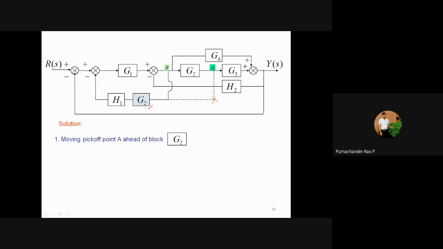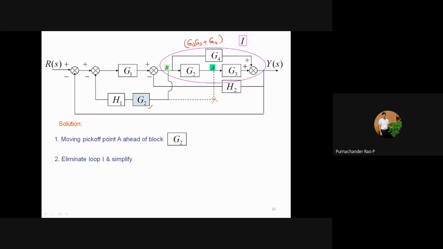Okay, so once you move this, now simply you can eliminate these two blocks, G2 and G3, which are in cascade connection, and G4 is connected to the summing point. So the resultant value is going to be G2 into G3 plus G4.